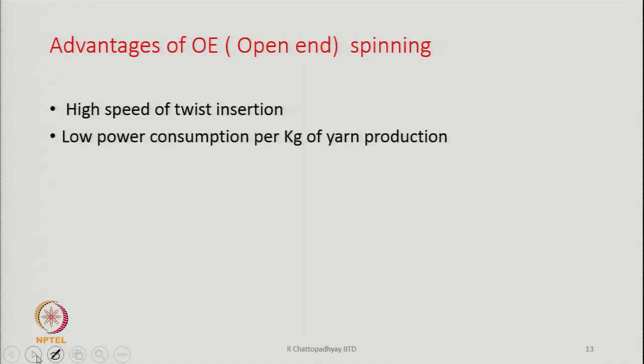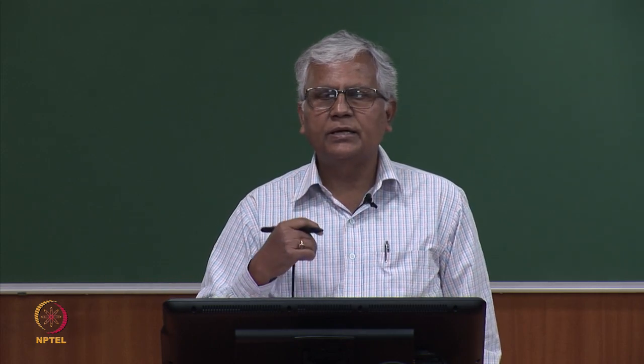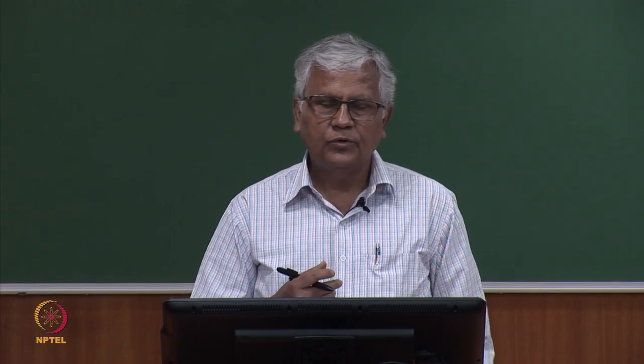So, as a result of this, what are the benefits? One is high speed of twist insertion. The twist insertion unit, or you can say the twister, can be rotated at a high speed. We can have a small twister, not a big one like a spindle, not so heavy. We can have a very small unit which can rotate at a very high speed and consume much less energy.